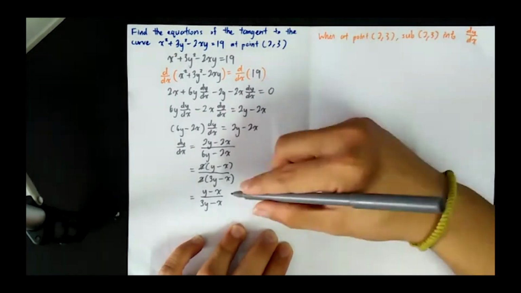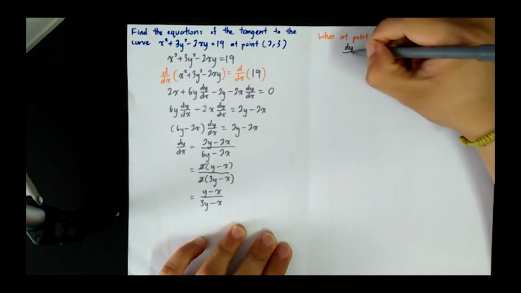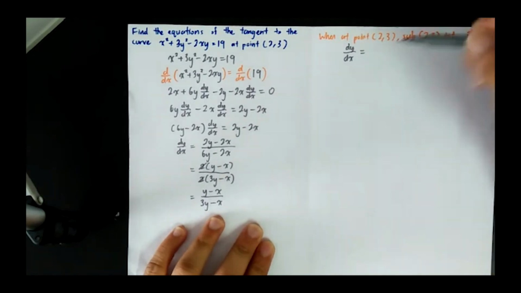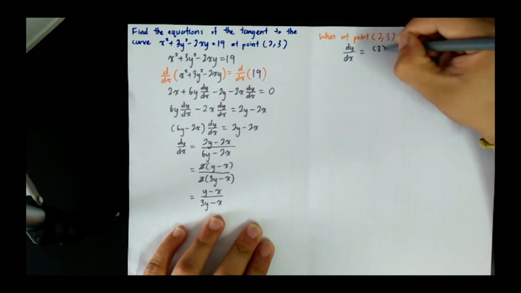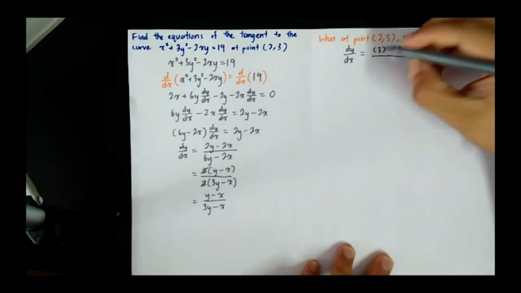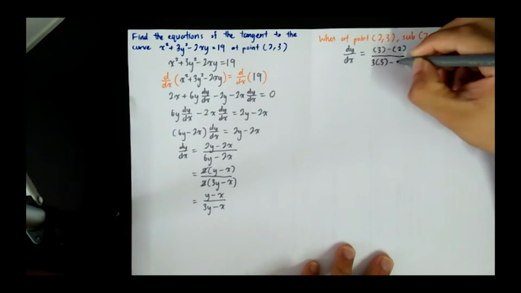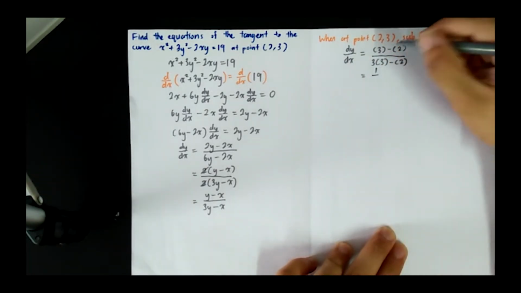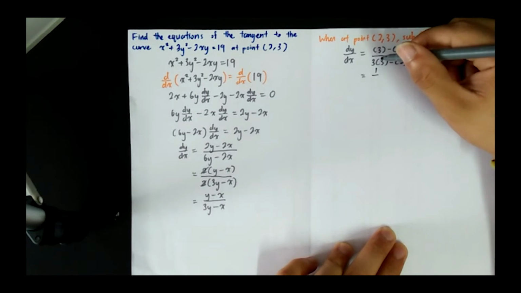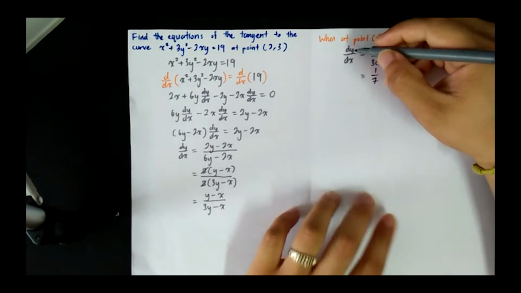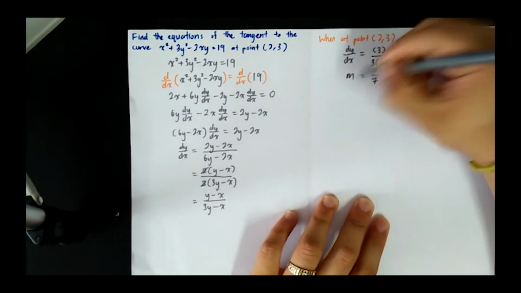This means we substitute the y and x from this point into this dy/dx. So it's going to become 19 over 3 plus 3 times 3 is 9, 9 minus 2 is 7. So this dy/dx is equivalent to m.